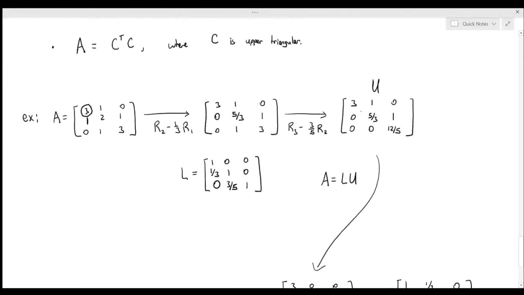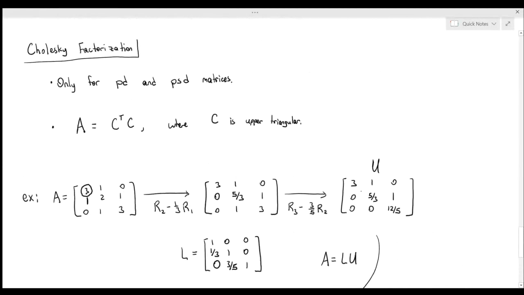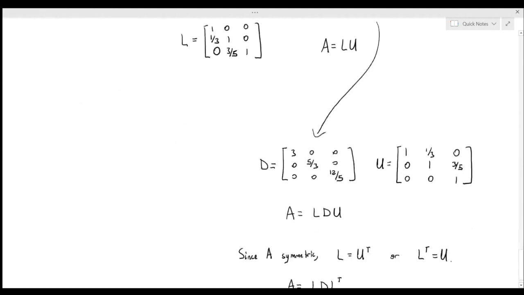Okay. Now what we wanted though was a Cholesky factorization, which is supposed to look something like this, C transpose C, where C is upper triangular.